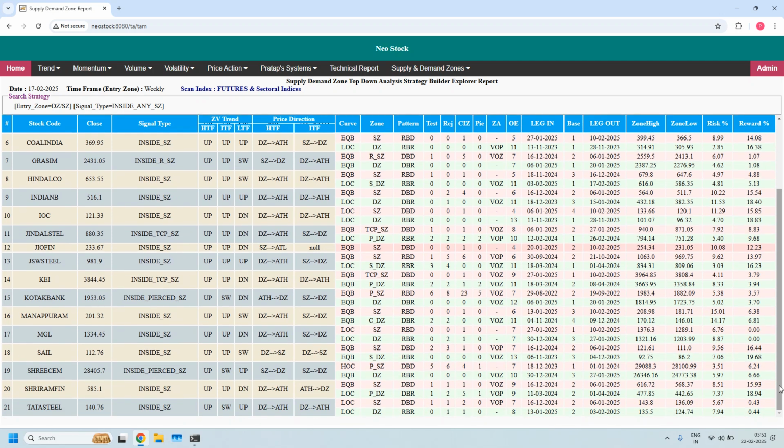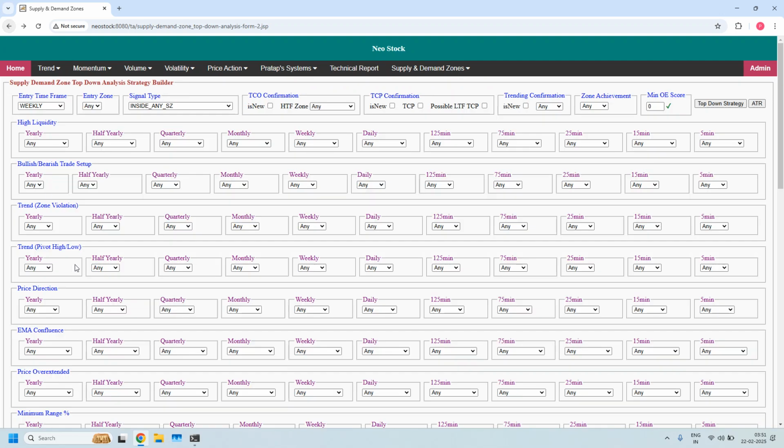So total 21 stocks are filtered. We can further filter this list based on weekly supply zones having weekly EMA confluence. So let us set the filter and we will further filter this list from these 21 stocks.